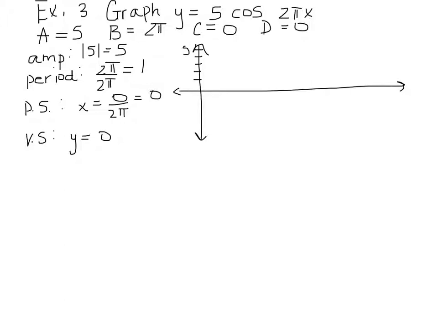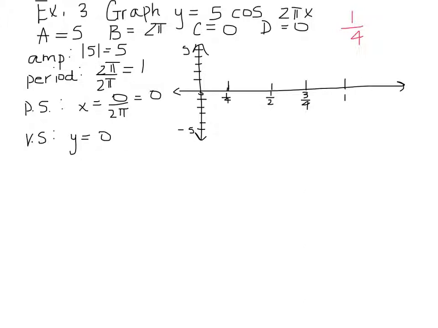Five is my max. Negative 5 is my min, starting at 0. I'm going to take my period and divide it into fourths. So that means we're adding 1/4 each time. 1/4, 2/4, 3/4, 4/4.